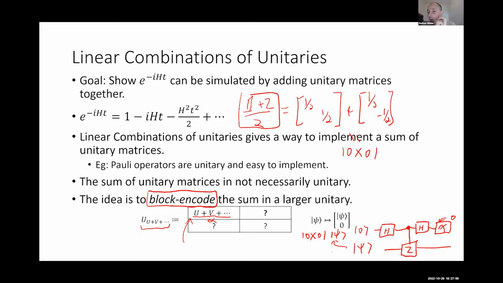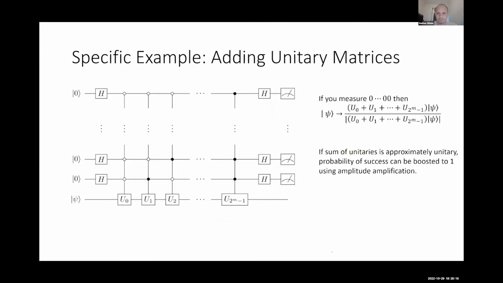And that's why it's so powerful, because it finally gives us a way of escaping from the shackles of unitarity in order to be able to do anything that's permitted by linear algebra with some success probability. Of course, the art comes down to improving the success probability and the rest of it, but this is the core idea behind it.